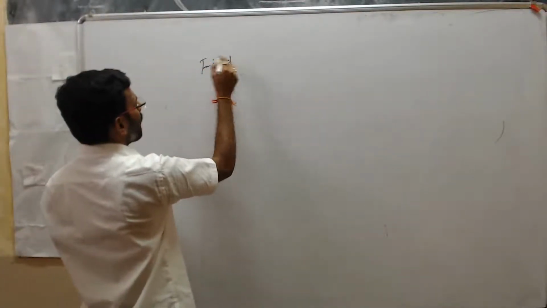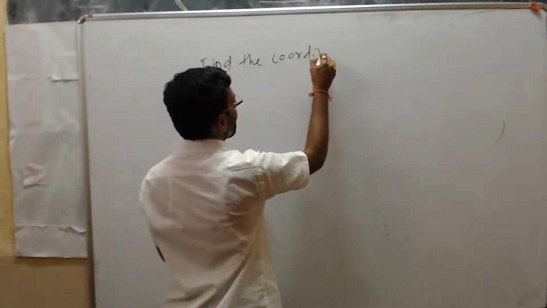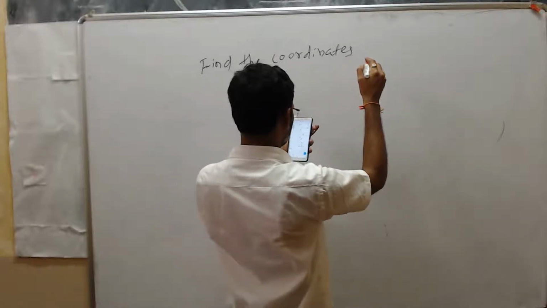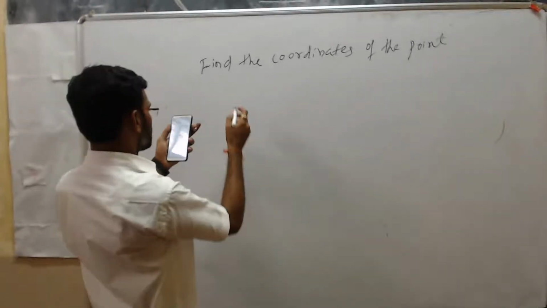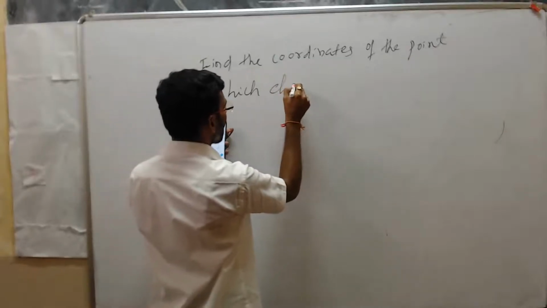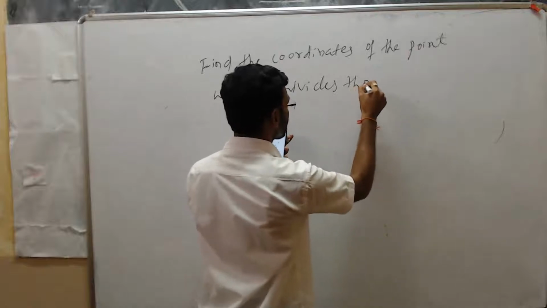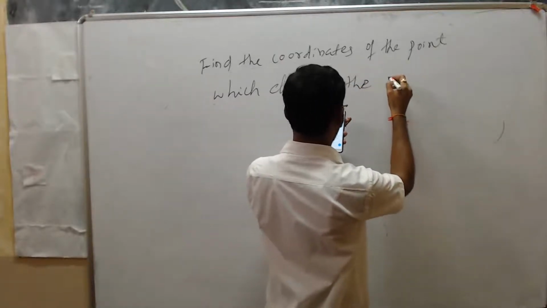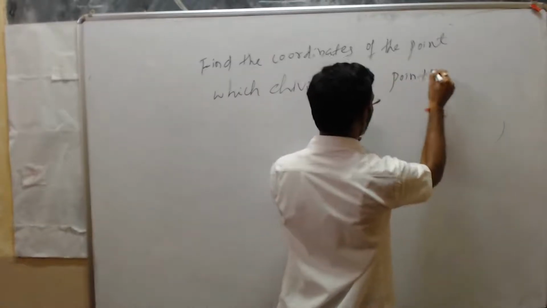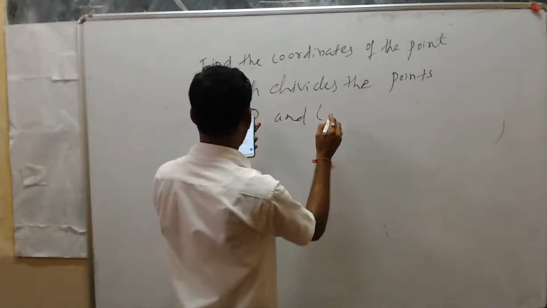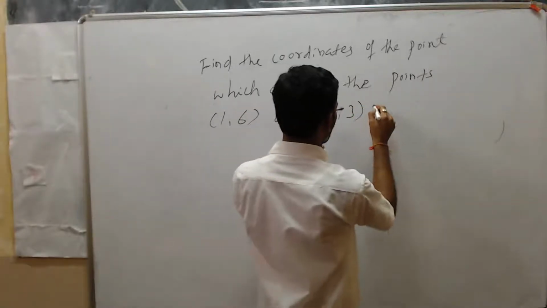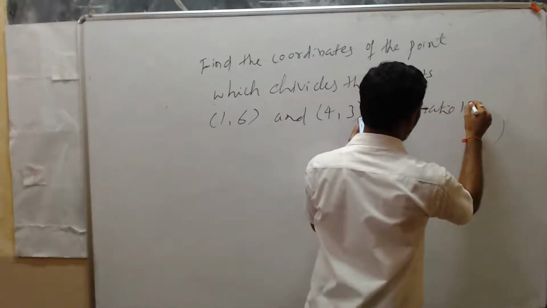So it is a 2 marks problem. Find the coordinates of the point which divides the points (1, 6) and (4, 3) in the ratio 1 is to 2.